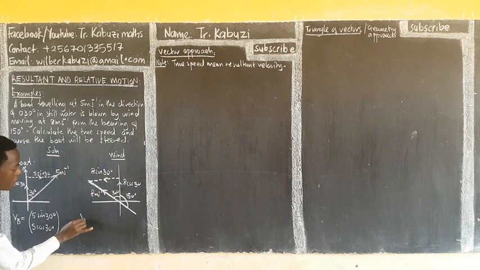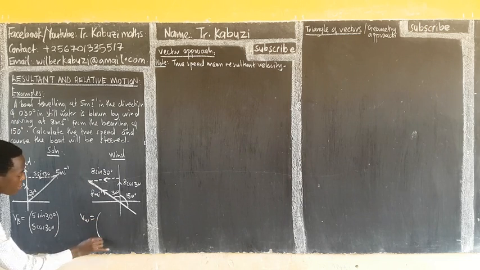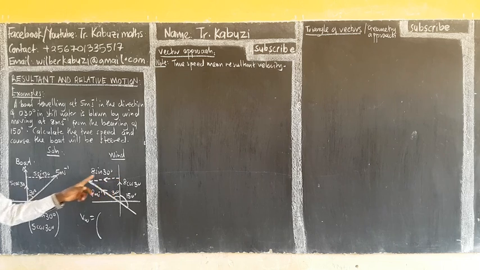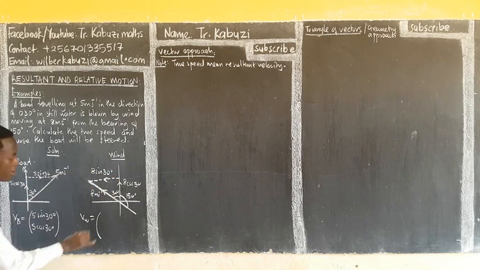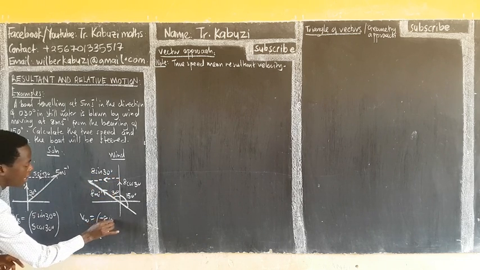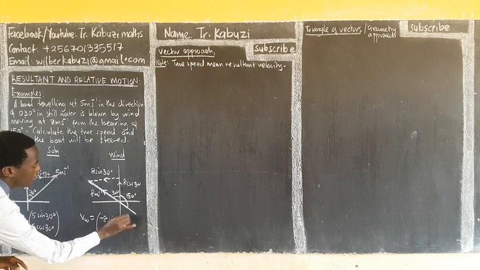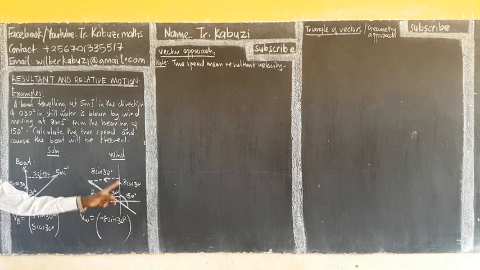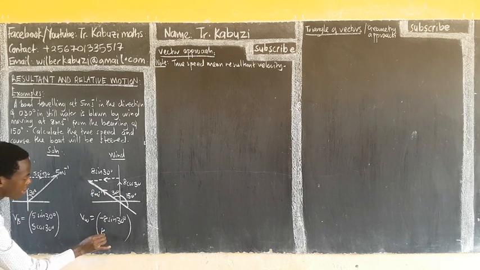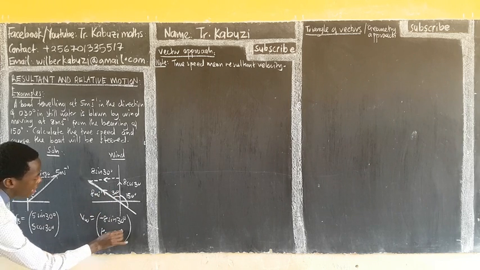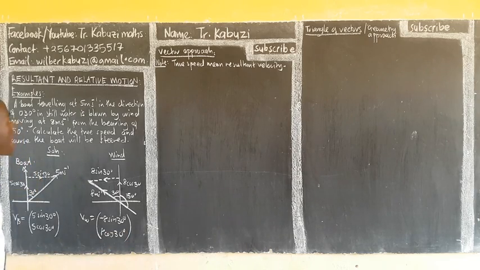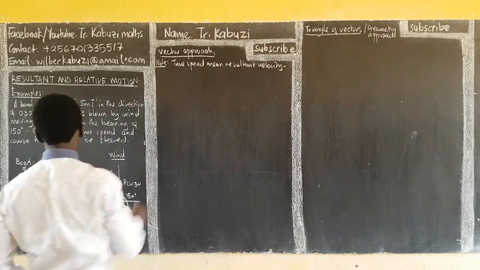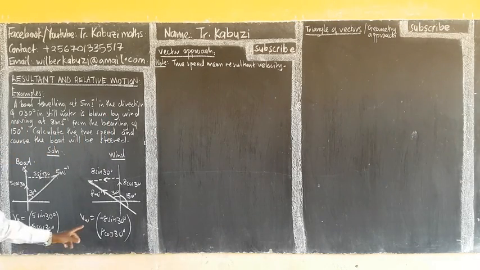So now our velocity of the wind is going to be, in the x component, now it's going in the negative, so this is going to be negative 8 sin 30 degrees. Then you see this one is going in the positive, so 8 cos 30 degrees. Now to get our resultant, the resultant is going to be when we add this and this.